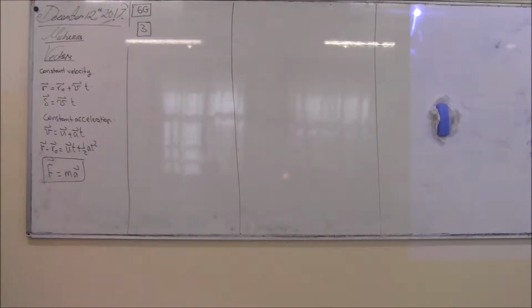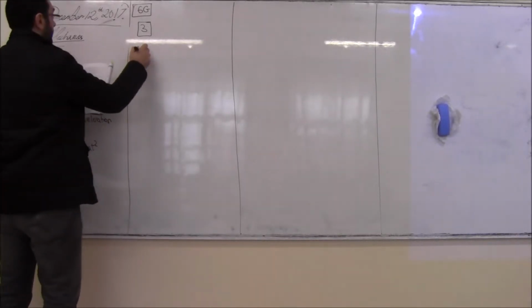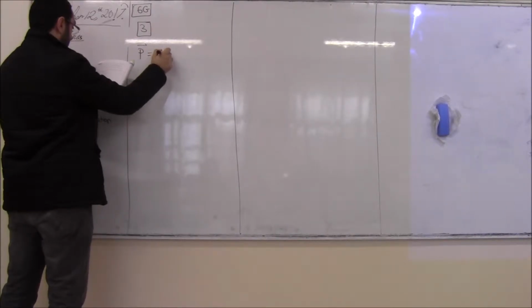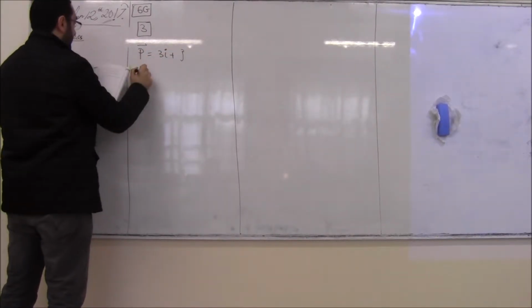And then let's do the question. Question 3. We are given forces P, Q, R, and we are asked about the resultant and acceleration. The first part, P is 3i plus j.